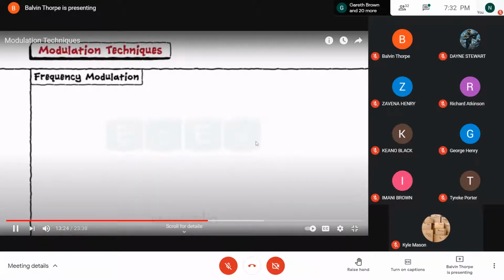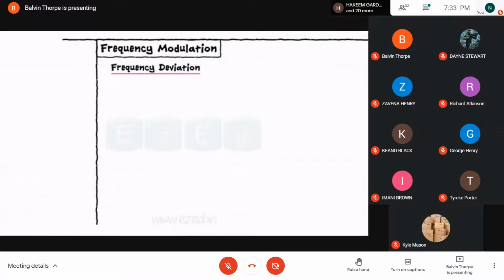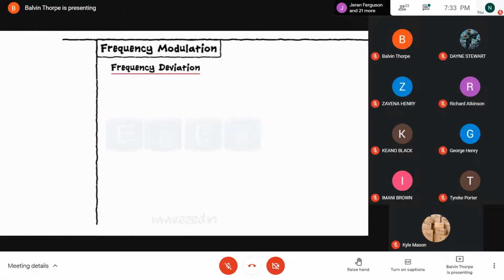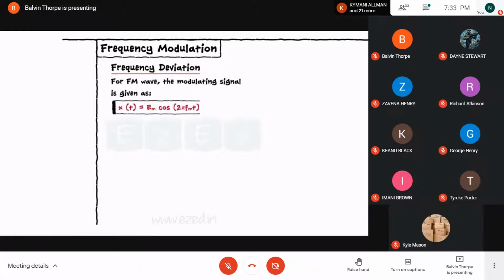Now, let's see the concept of frequency deviation. The amount by which the carrier frequency varies from its unmodulated value is called the deviation, represented as delta. The deviation is proportional to the instantaneous voltage of the modulating signal. The modulating signal is given as x(t) equals Em cos 2 pi Fm t.